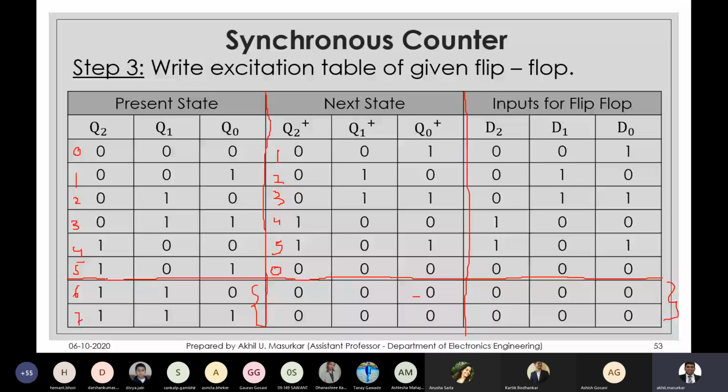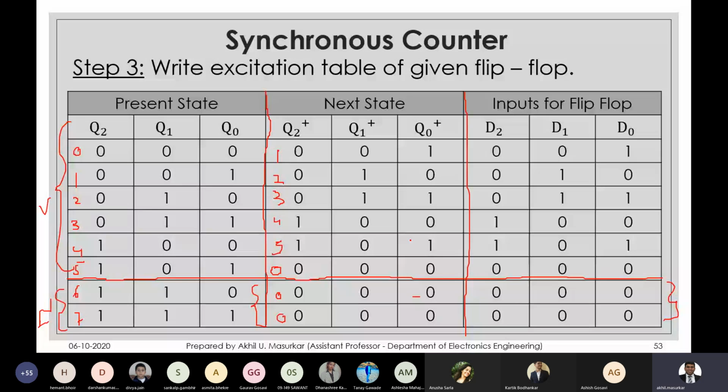So these are valid and these are invalid. For the invalid states, the next state is now defined to 0 purposely. So the previous excitation table and this table are slightly different, meaning the don't cares have been replaced by zeros.